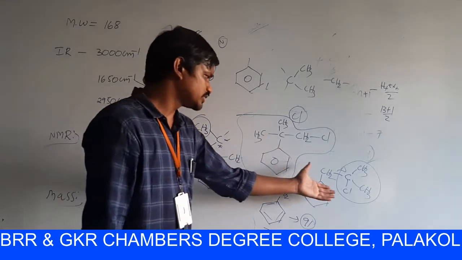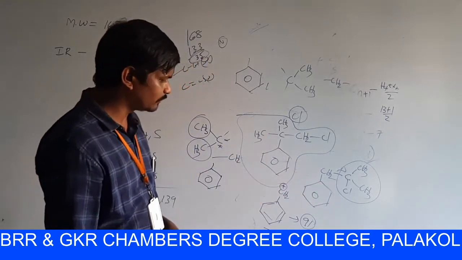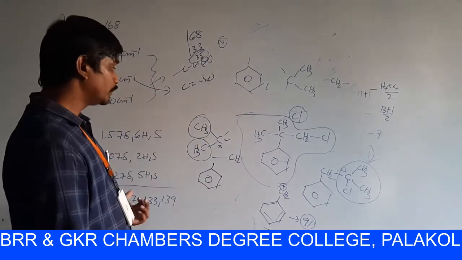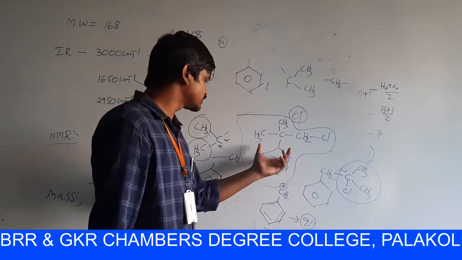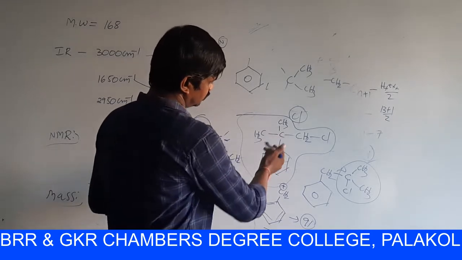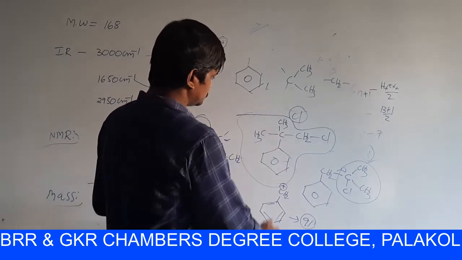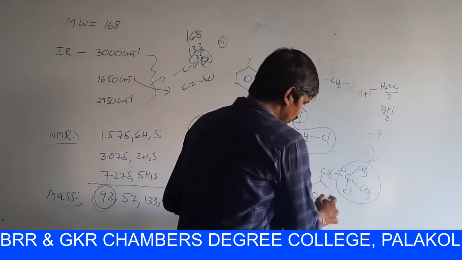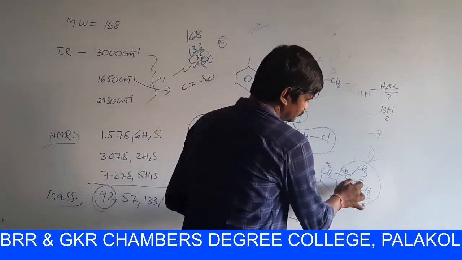So if the structure is like this, then the structure of an organic molecule does not satisfy the value 92. For example, if the structure is like this, let us see here in this molecule, it is alpha, it is beta, it is gamma.